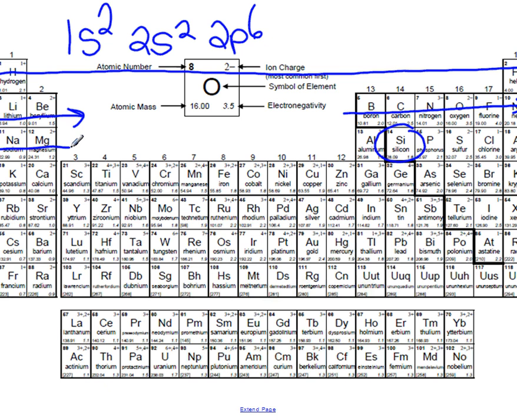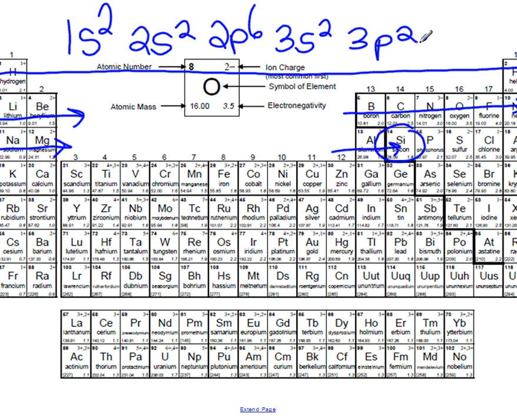So I go through 11 and 12. Next one, 3s. 1, 2 electrons. And then this is the 3p block. How many electrons am I going in? 1, 2. So that would be the answer for the electron configuration for silicon.